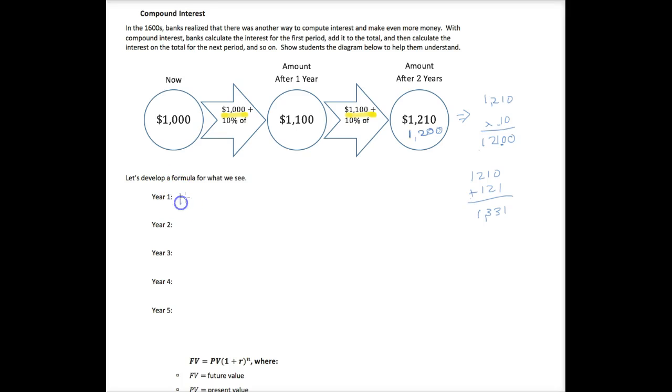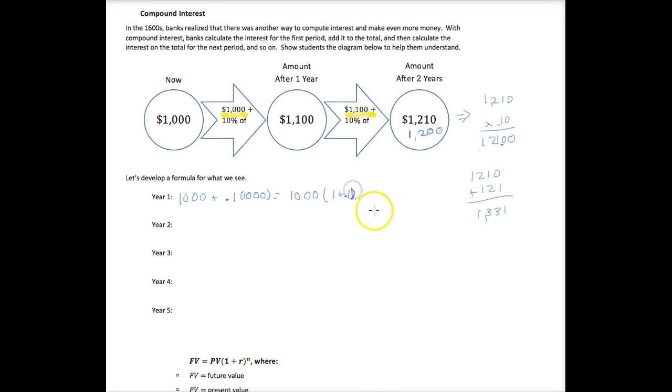So in the first year we start with $1,000 and we add 0.1, we add 1%. Let's make this simple. 0.1% is 1/10 of 1%, which is 0.10, yes. So we have times 1,000, which is the same as saying 1,000, because we have it in common with both of those, times 1 plus 0.1.